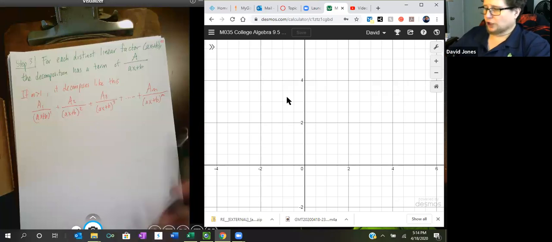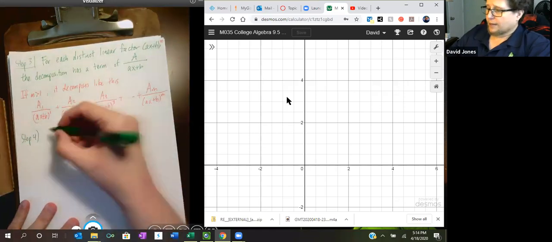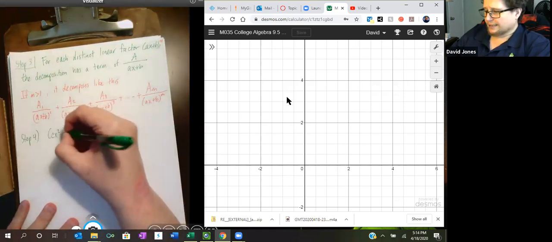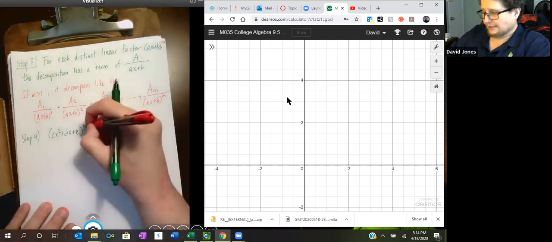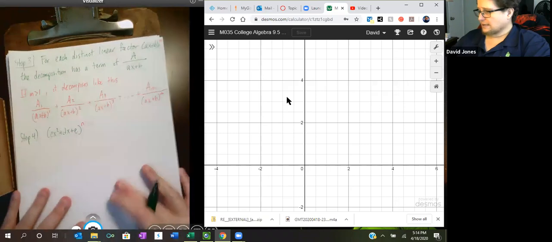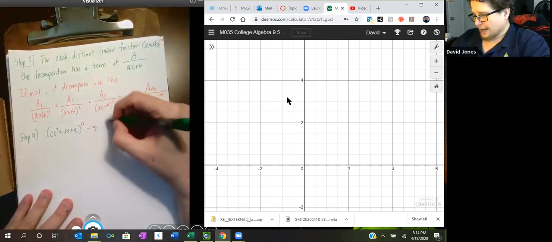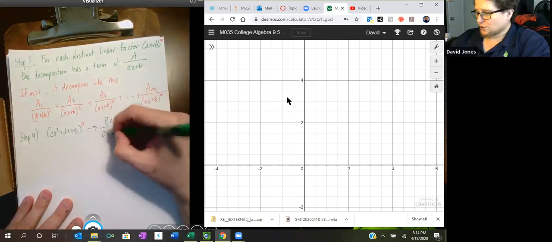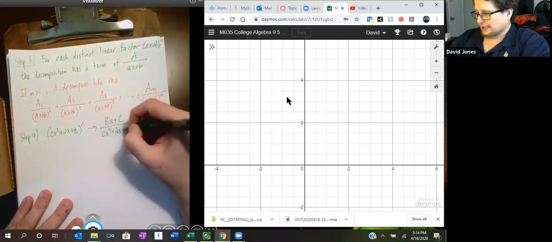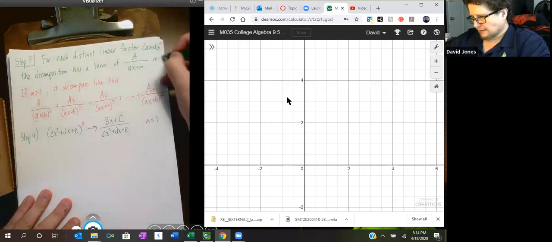Step 4 is similar. We have cx squared plus dx plus e to the n. This decomposes into a bx plus c term over the cx squared plus dx plus e. That's if n equals 1.